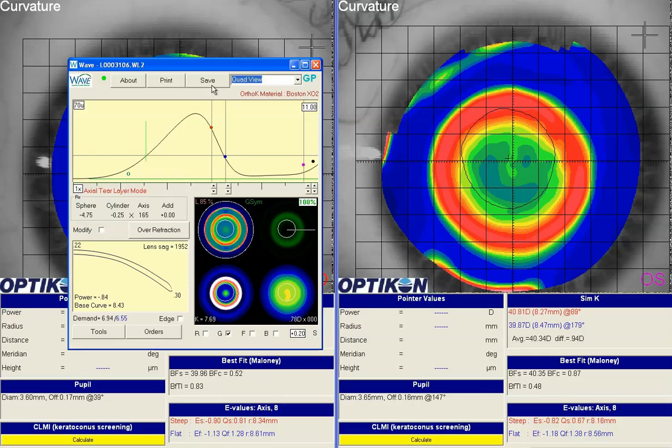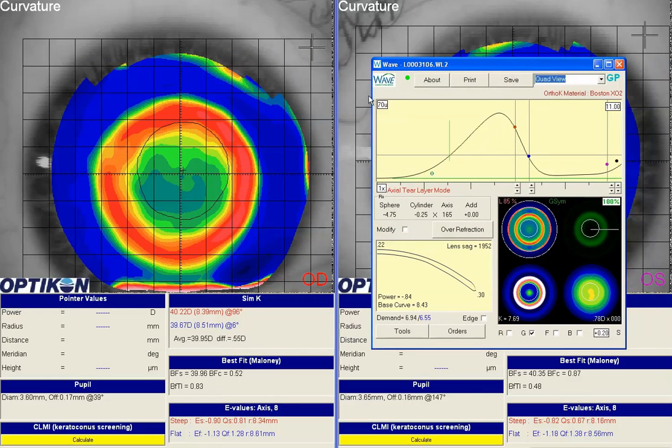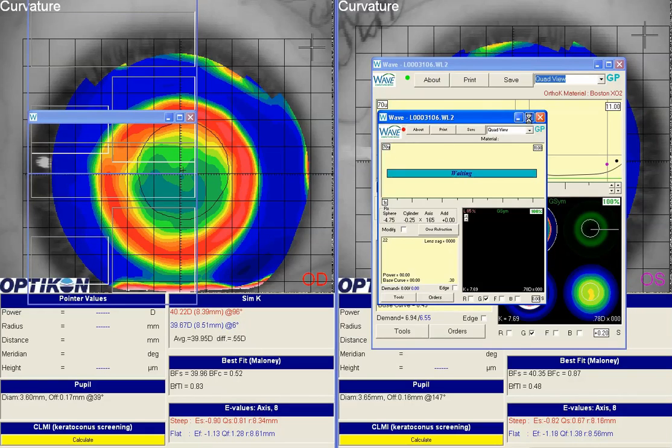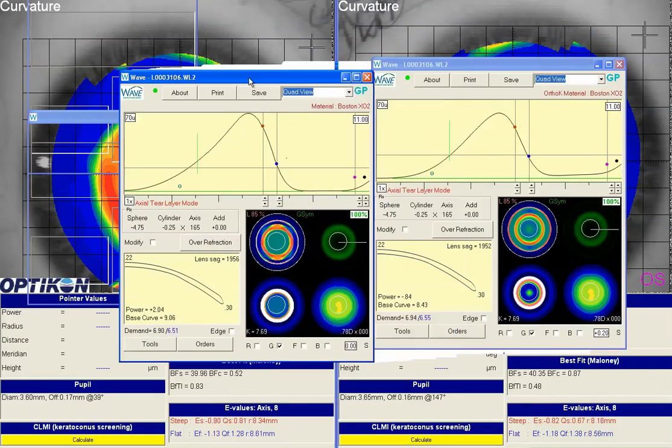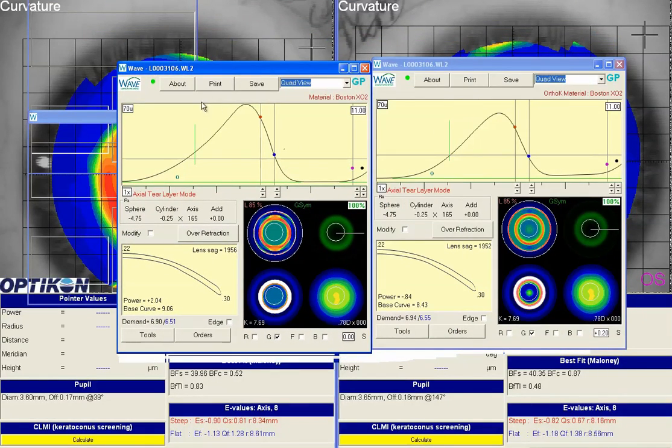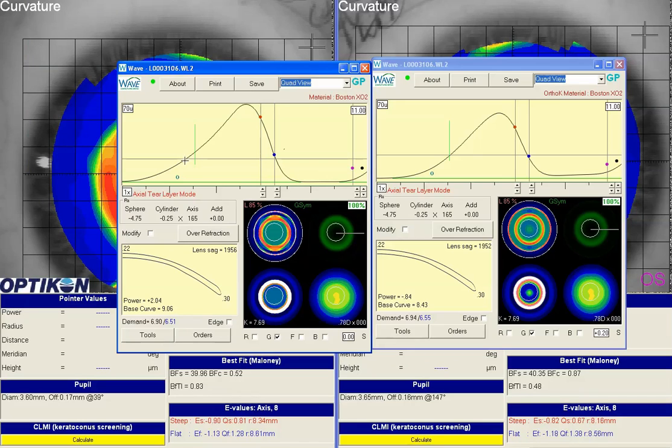And if I bring up the lens that we started with, you can see where we've pushed the slope of the graph back, where it crosses the 20 micron line right at the pupil instead of in front of the pupil.